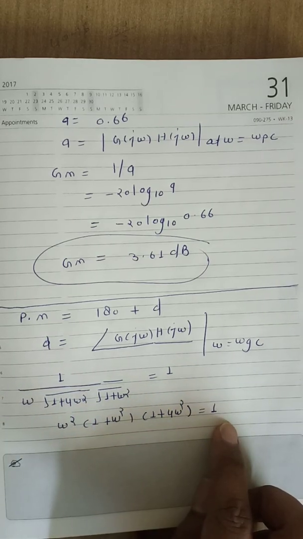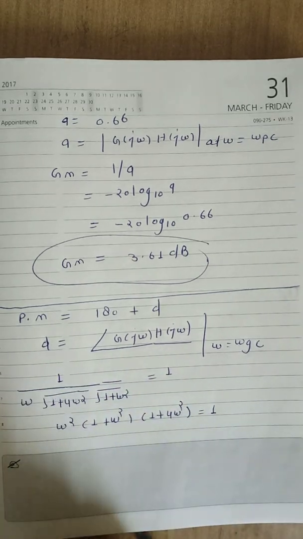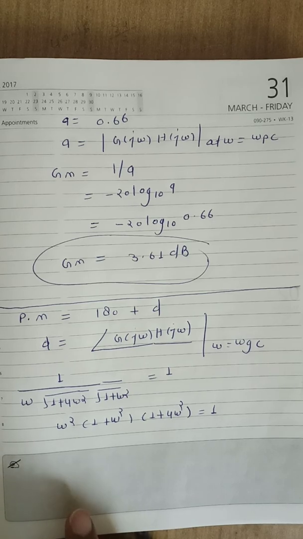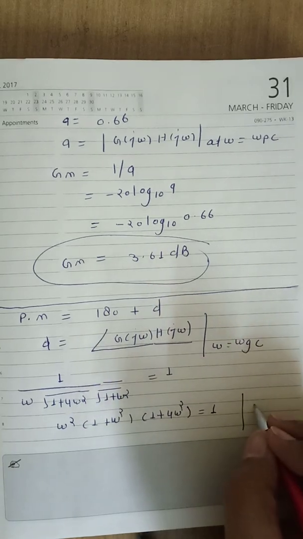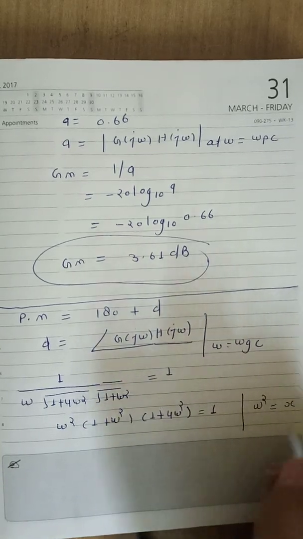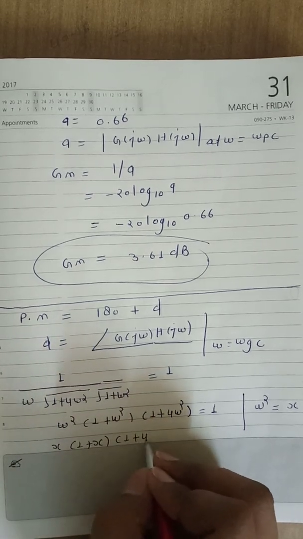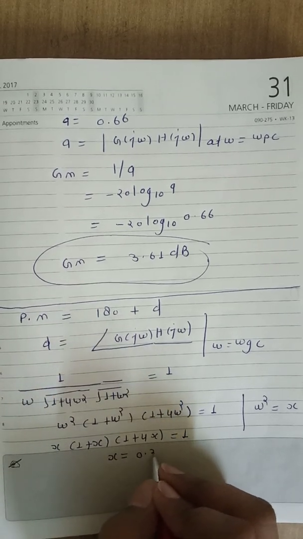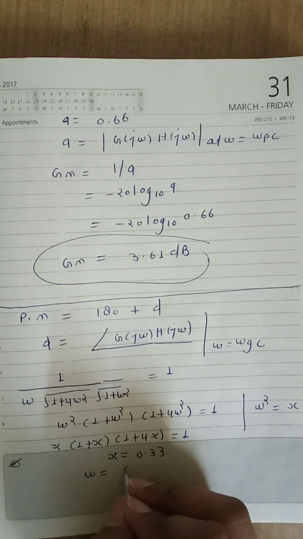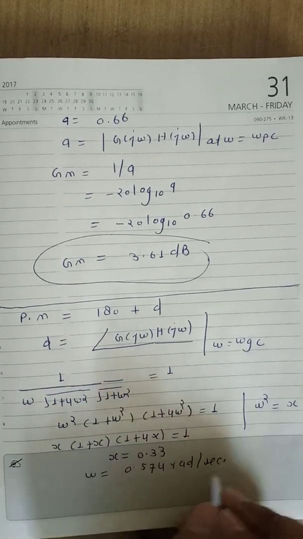How we can calculate roots of the equation? We can calculate with the help of calculator or with the help of Sridharacharya formula. So to simplify the given equation, let us assume omega square equal to x. So we have x, 1 plus x, 1 plus 4x equal to 1. Let us calculate x. We have 0.33. So omega becomes 0.574 radian per second.